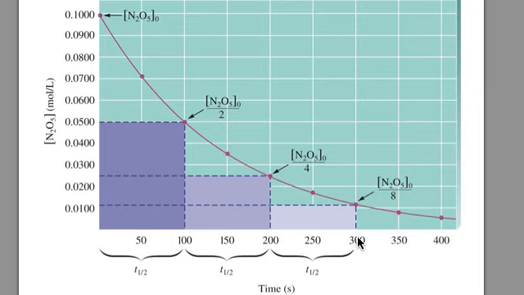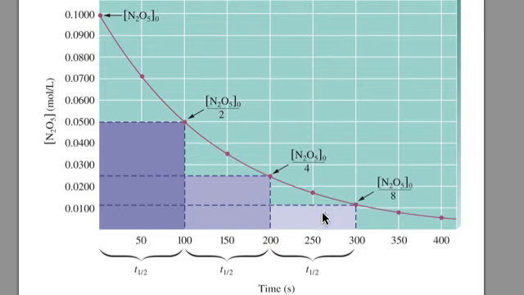And let's see, oh yeah, and look at the half-life. I started at 0.1, half of 0.1 is 0.05, and half of 0.05 is 0.025, and half of that is somewhere in here. So from 0 to 100, from 100 to 200, from 200 to 300, and again from 300 to 400, we see it get cut in half, cut in half, cut in half.